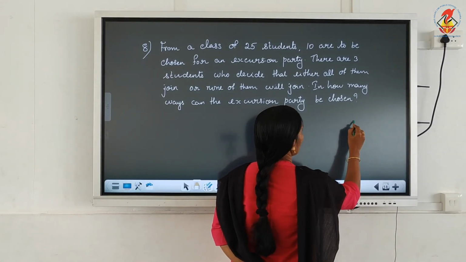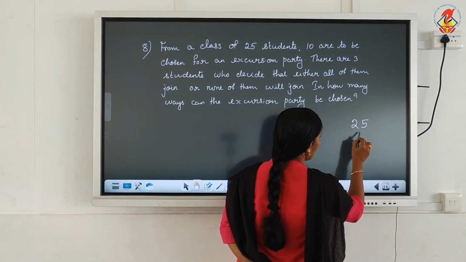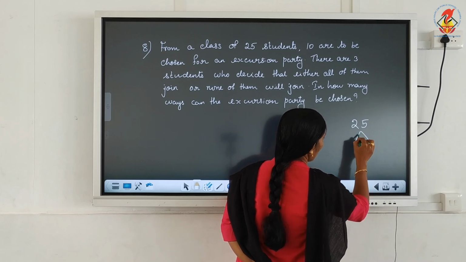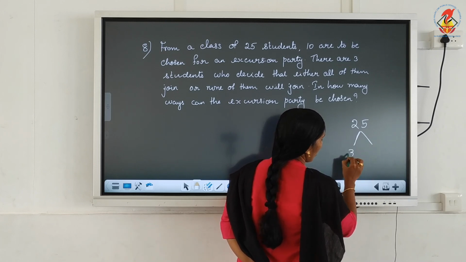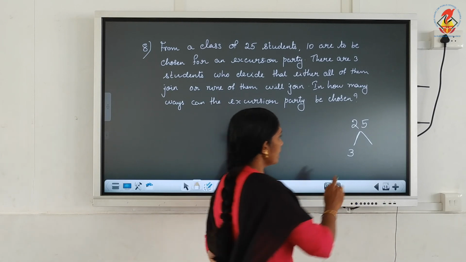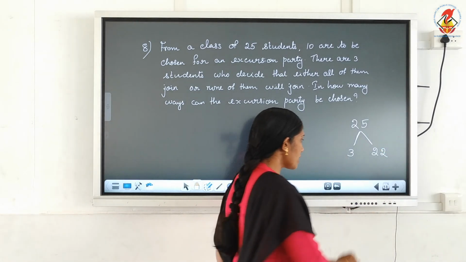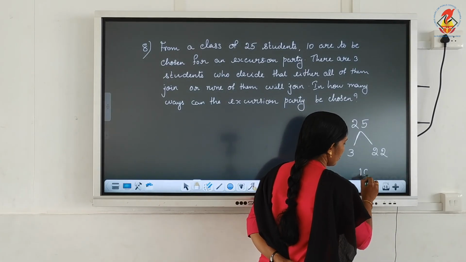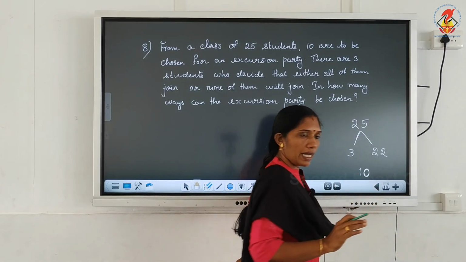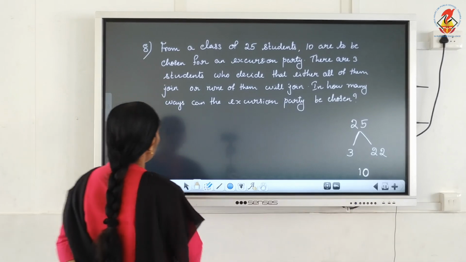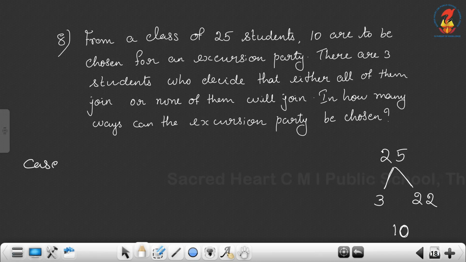So 25 students in the class. Here there is a splitting. How we split this? 3 as a group and the remaining 22 students. And we have to select 10 students. In that there are 2 cases. What is case 1?